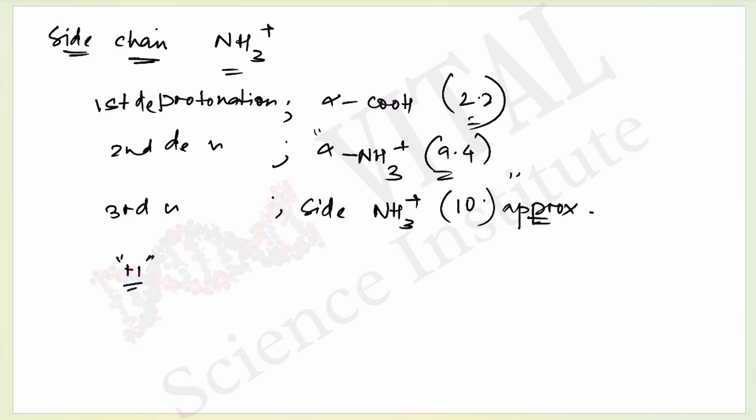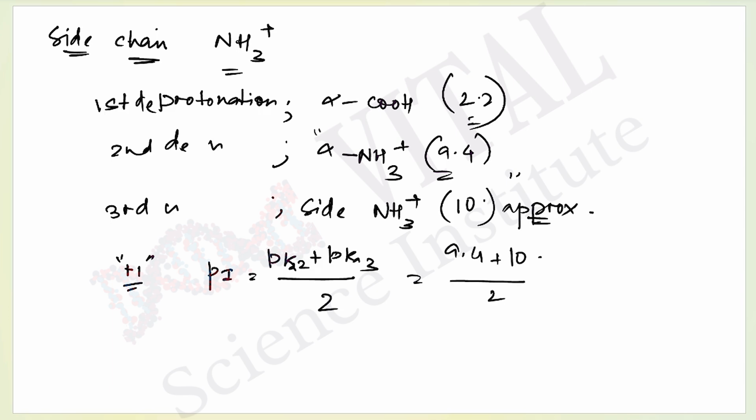Therefore, in this case, where the side chain of an amino acid contains an amino group, the pI will be pK2 plus pKa3 divided by 2. That means 9.4 plus 10 divided by 2, near about 9.75.